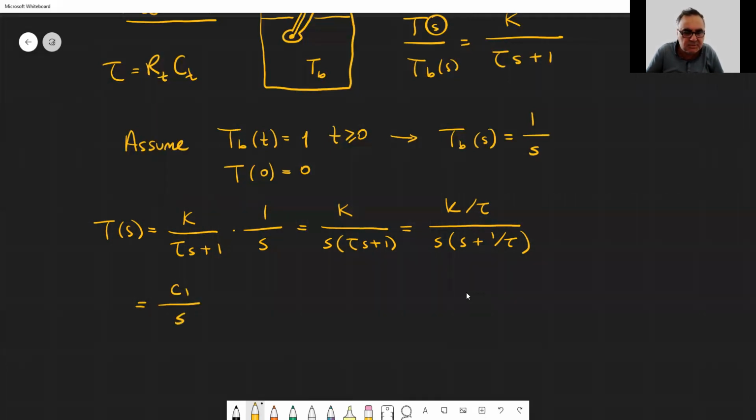I'm just separating the denominator terms, partial fraction expansion. And if you do the partial fraction expansion, C1 will be K, and C2 will be minus K. You can do it yourselves. I'm not going to do it.